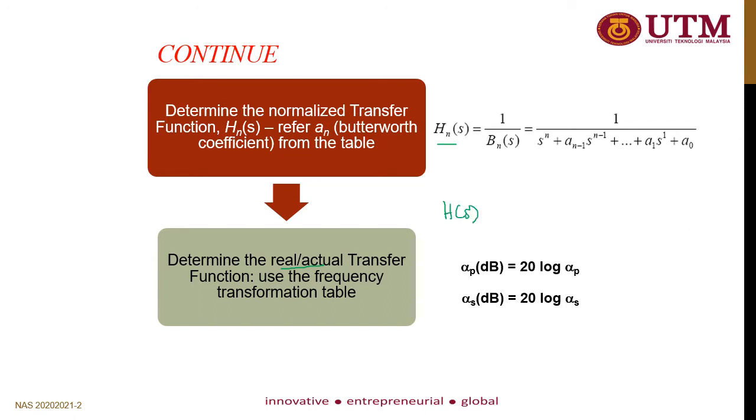As usual, to convert from the normalized transfer function into the actual transfer function, you need to refer to a table, the frequency transformation table. From that table, you will notice that the s in the normalized transfer function will be modified or transformed into a new equation depending on the type of filter used.